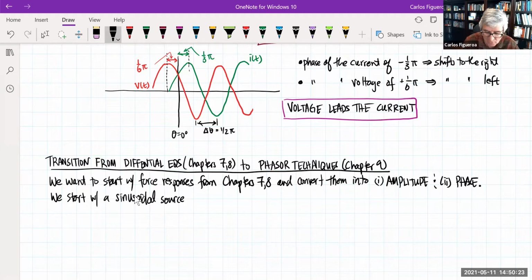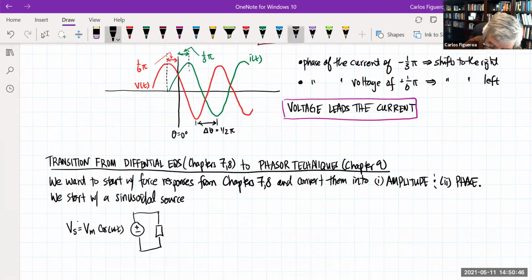Now there's lots of ways to actually do this, but the way we're going to do this is we're going to assume that we have a circuit where the voltage source is some amplitude times cosine omega t. So this is what our source is going to look like. And of course, now we have some load here. And when I'm looking at this load, that's what we're really trying to solve.